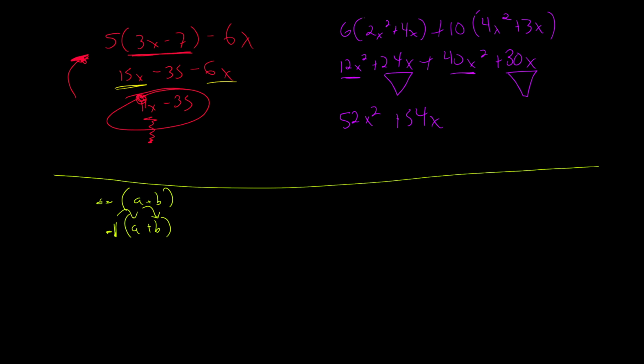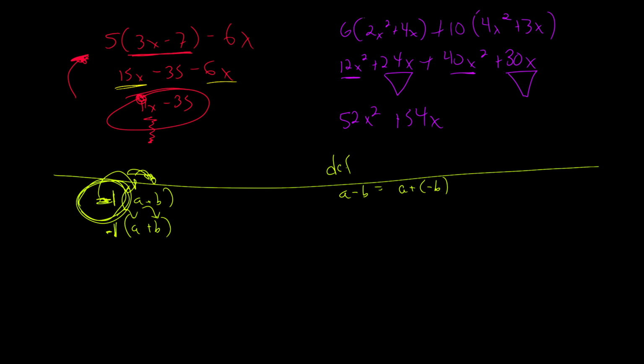Even if I'm subtracting this quantity here, we can think of it as like a negative. And that goes back to the definition of subtraction, which is a minus b is the same as a plus negative b. If I have some negative outside of something in parentheses, I can distribute it in. Let's look at one of those.